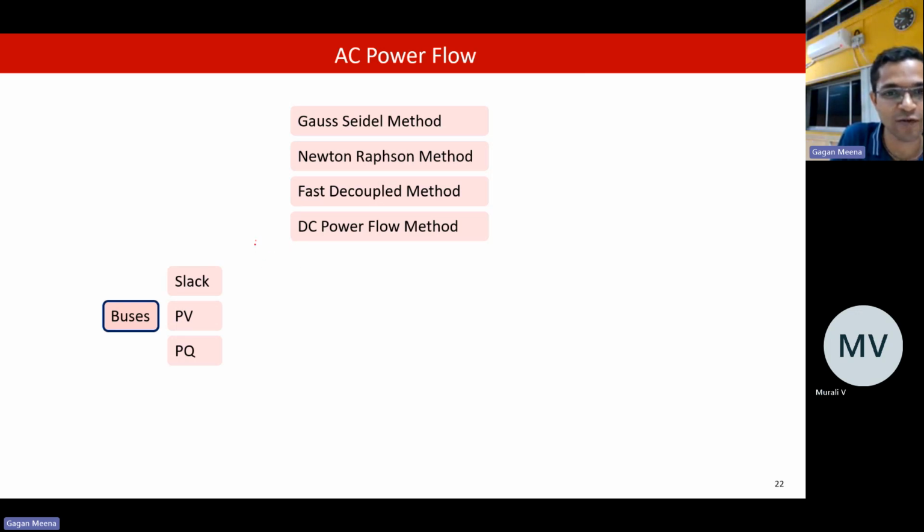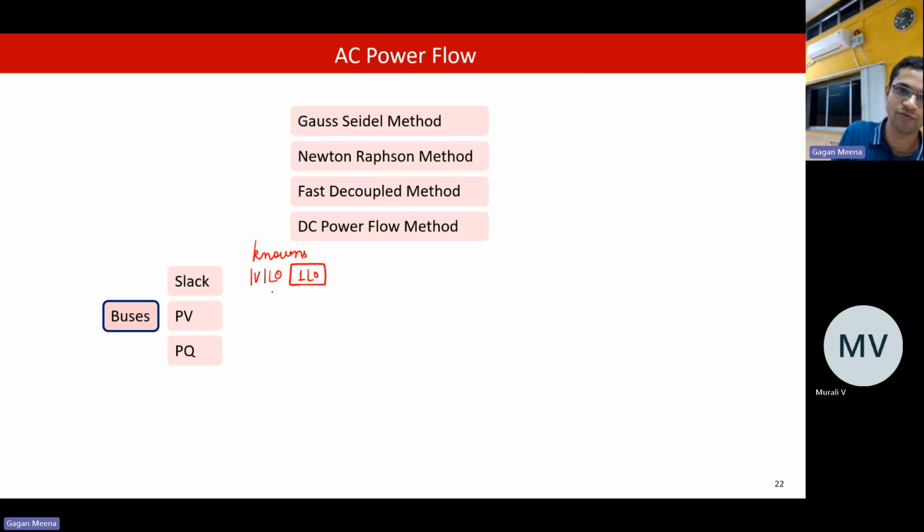Let us first write the known parameters for the slack bus. The slack bus voltage magnitude and load angle are both known. We generally take it as 1 angle 0.